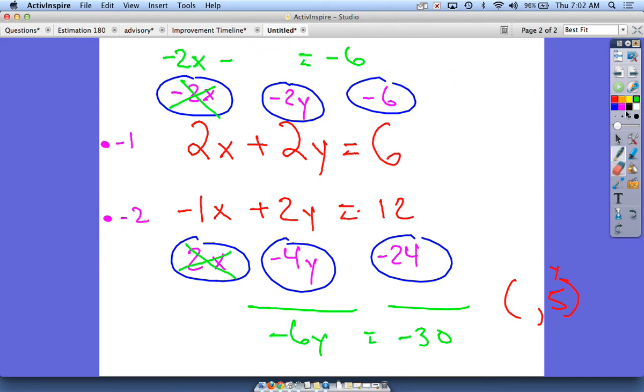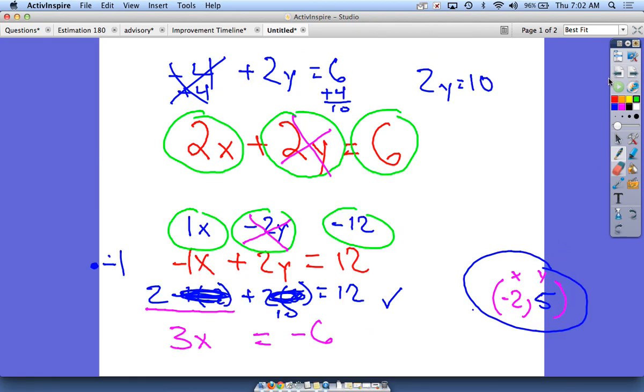I'll put this over on the other side here, which to do that I'd have to do plus 10 to cancel that out. We'll do plus 10 here. So now my negative 6 and 10 is going to be positive 4. So now all I have left is negative 2x equals 4, and then that has to be negative 2, because negative 2 times negative 2 is positive 4. Look back at the other problem, we got the exact same thing.